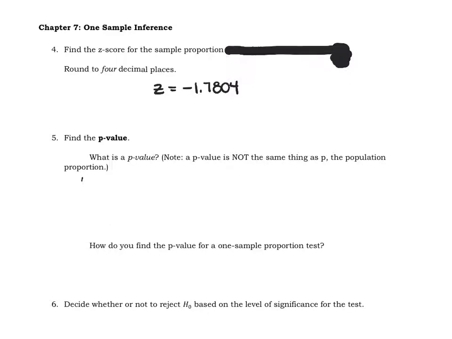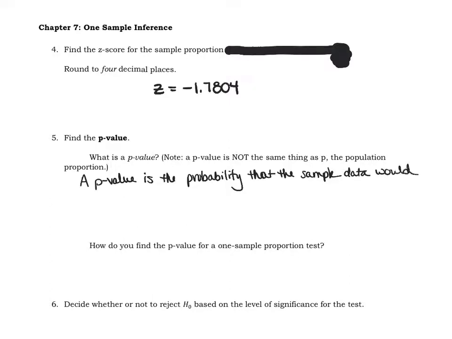A p-value is the probability that the sample data would be obtained if the null hypothesis H sub 0 is true.